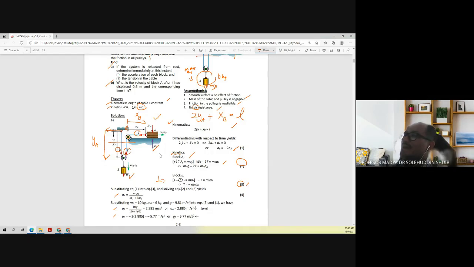You get acceleration of A as 2.885 meter per second squared, going down. Acceleration of B is minus 5.77, meaning, because we assumed the acceleration was to the right, the negative answer shows that acceleration of B is pointing to your left-hand side, 5.77 meter per second squared.